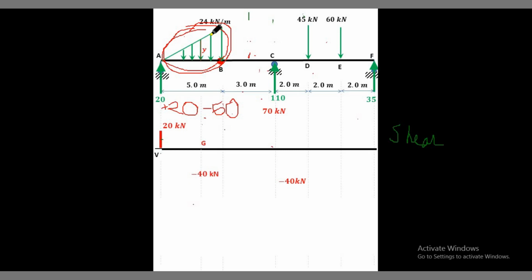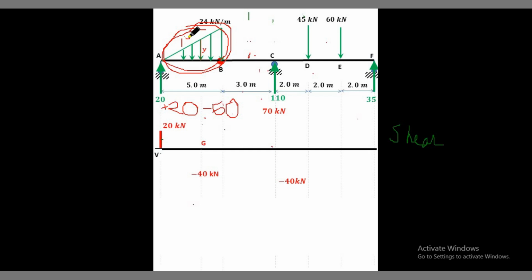Since dito, load diagram, triangle ito. Since triangle yan, that is a 1 degree curve. Di ba?